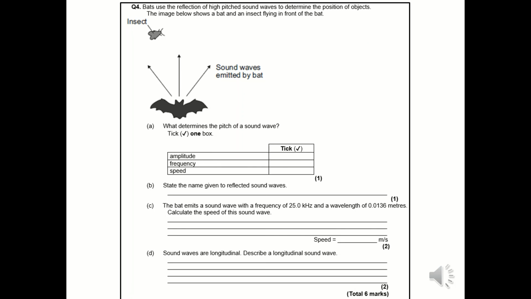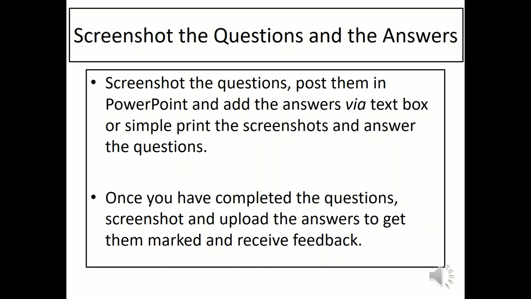Question 4. Screenshot the questions. Post them in PowerPoint and add the answers via text box, or simply print the screenshots and answer the questions. Once you have completed the questions, screenshot and upload the answers to get them marked and receive feedback.